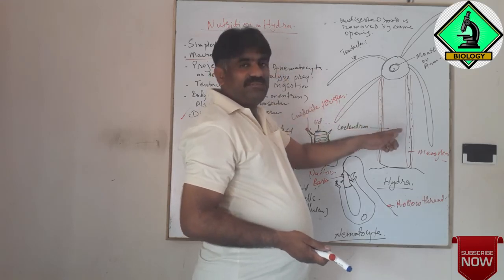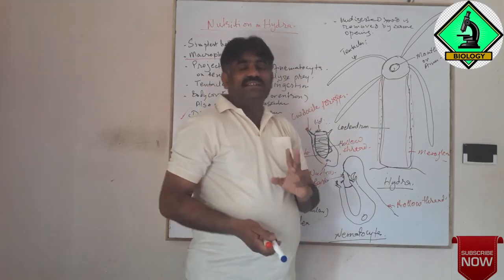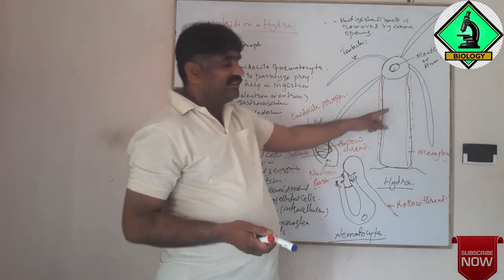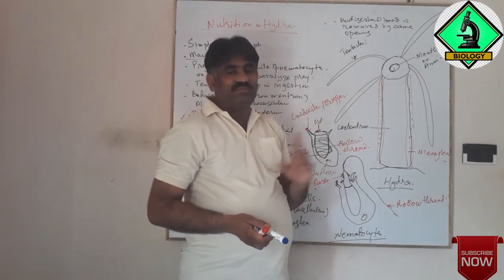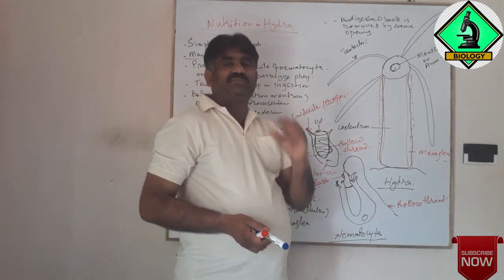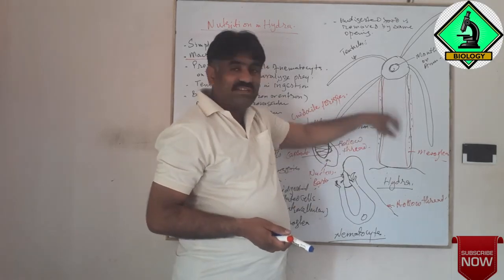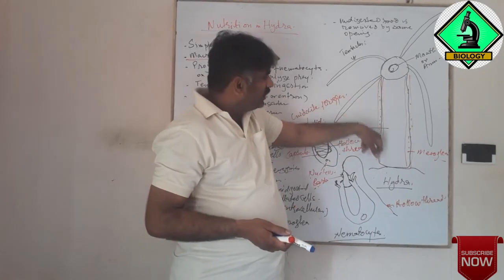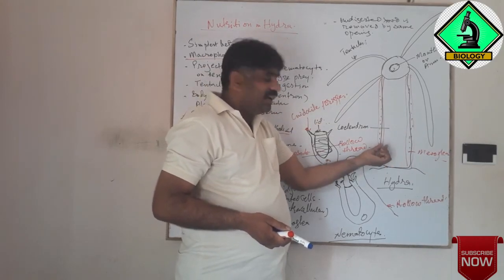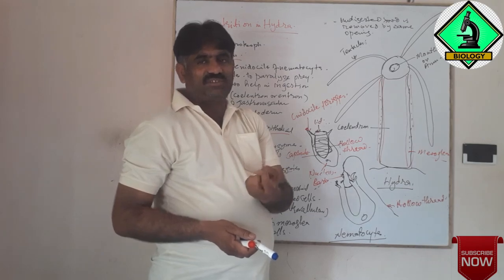Next, we have already discussed that the endodermis consists of two kinds of cells. One, glandular cells, secrete enzymes for digestion of that food, called chemical digestion. The other kind is flagellated musculoepithelial cells, which help to circulate the semi-digested food throughout the inner surface of the gastrovascular cavity, and also engulf the semi-digested food inside them.